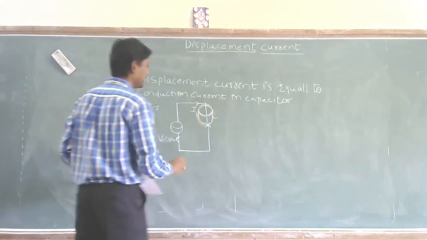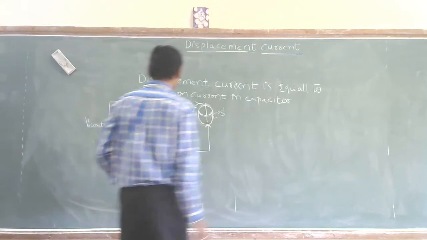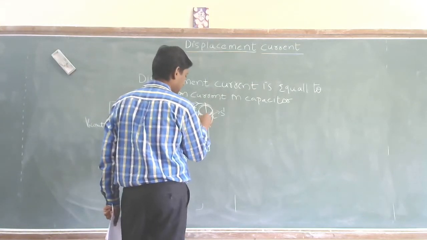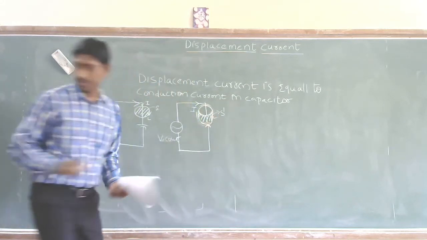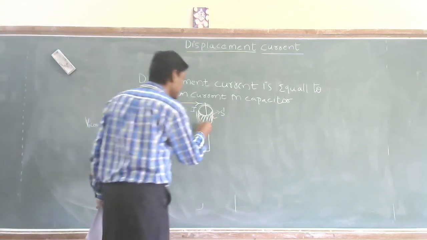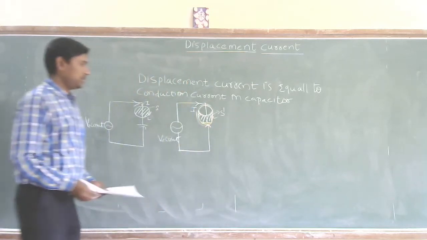The same current I. Now I have taken the S prime surface. The most important point is that the surface S prime encloses one plate of the capacitor.